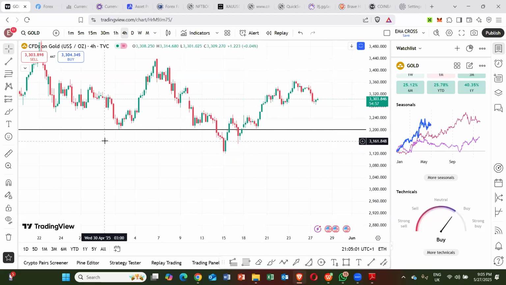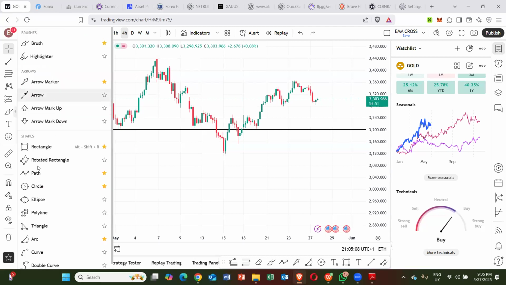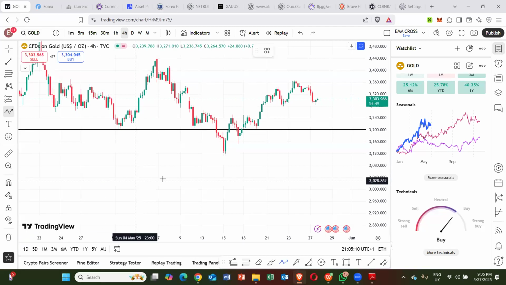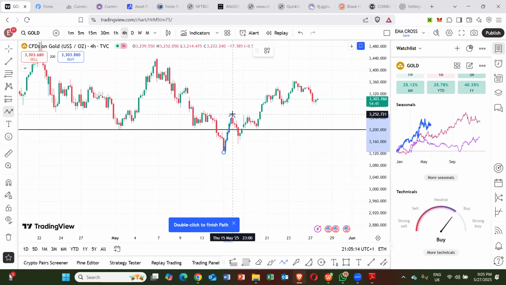Now, what happened at this level right now is that we're analyzing this market. Please note. So this market came down and has been creating, okay.